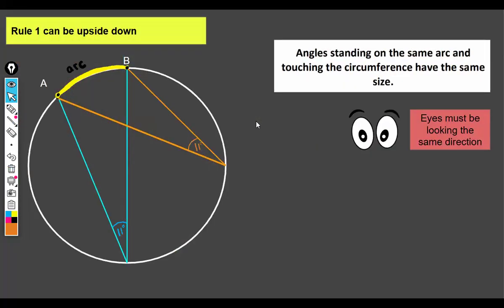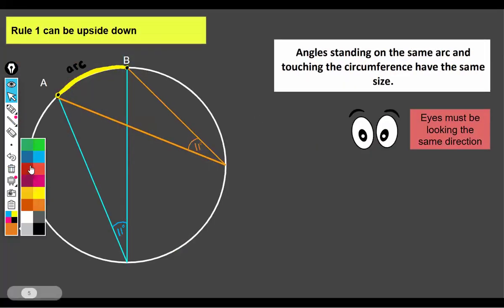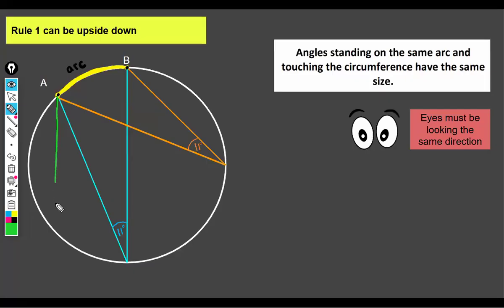Let's try another one. Some people are asking for a third one. If I had a leg starting at A, and it hits the circumference and bounces back to B, this green angle would also be 11 degrees. Now, for it to really be rule 1, all 3 eyes, because I have 3 angles here, are supposed to be looking in the same direction.